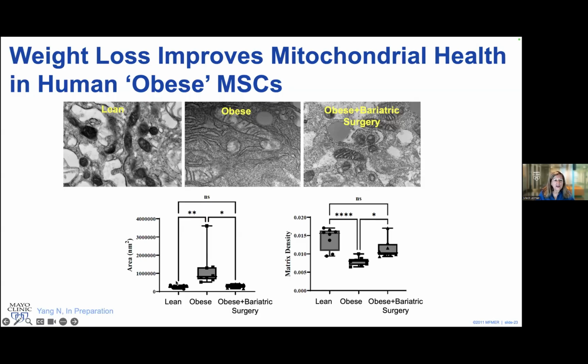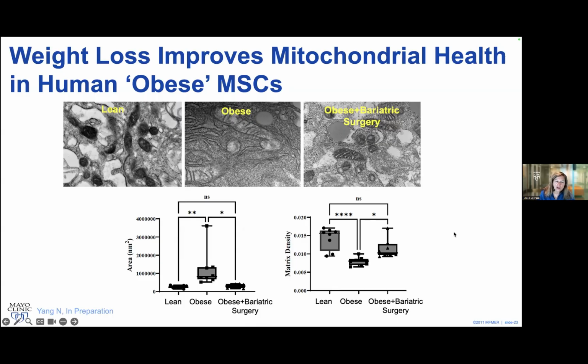You can see here that the area of mitochondria was significantly increased in obese MSCs due to swelling, as I mentioned earlier. But bariatric surgery induces significant reduction in the area of the obese MSC mitochondria, suggesting decreased swelling. And you can see it also here in the images that the mitochondria resume their elongated and less swollen appearance.